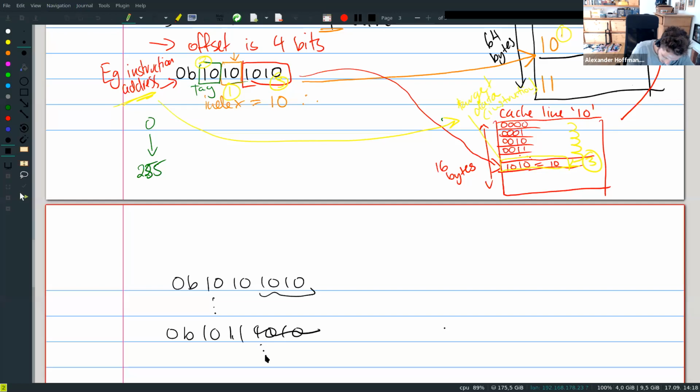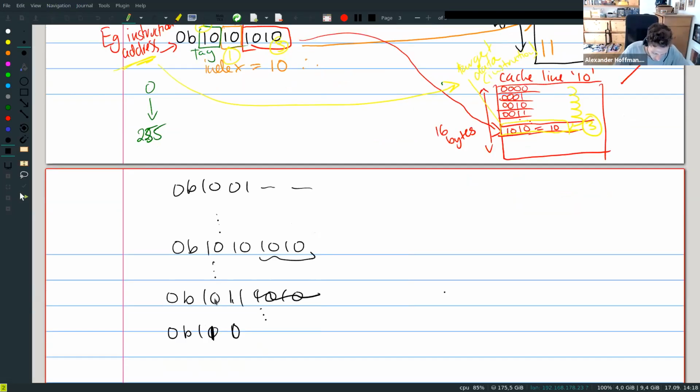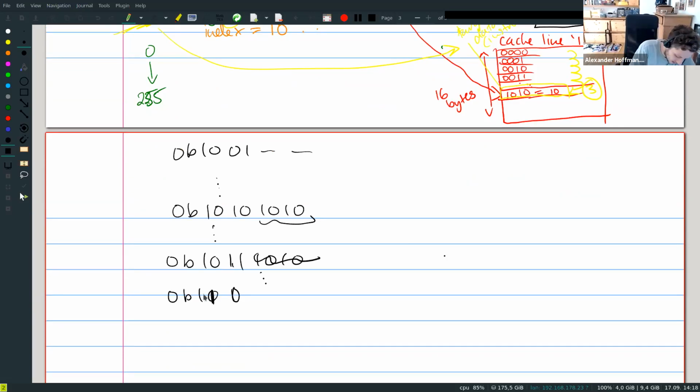Then we'll keep going, and up here somewhere we would have 0B1001. And if we look at all of the possible tags that we can get, you'll only get this 10 tag once for each unique index.